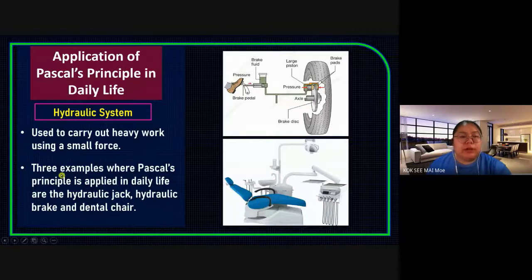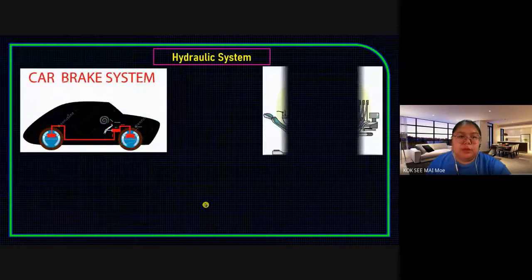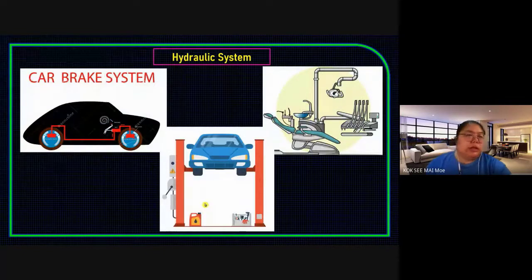From here, 3 examples where the Pascal principle applies in daily life: the hydraulic jack, which is the workshop one just now; the hydraulic brake, which is your car brake system; and the last one is the tenter chair. Okay, we go through one by one.